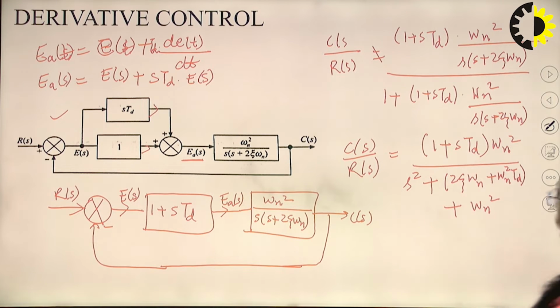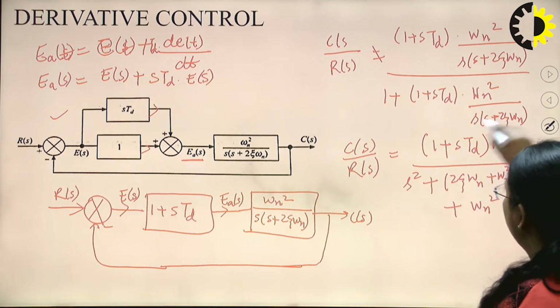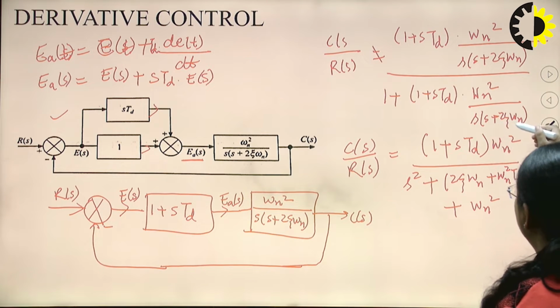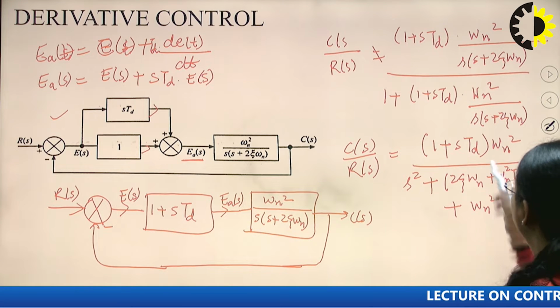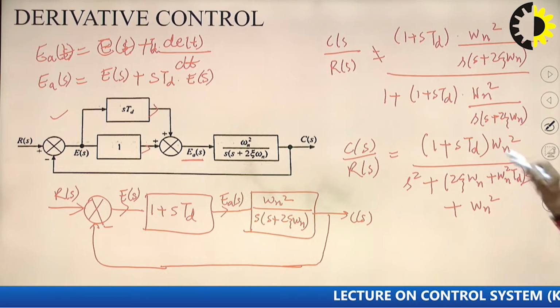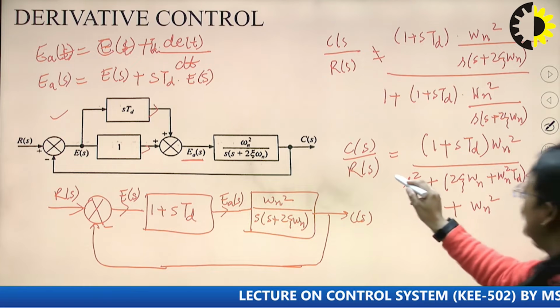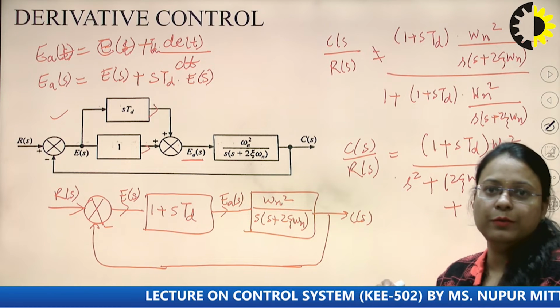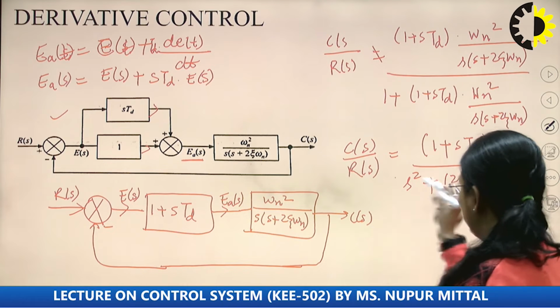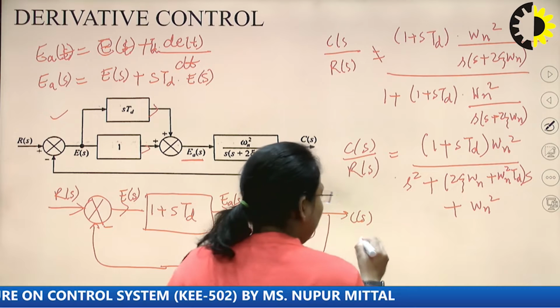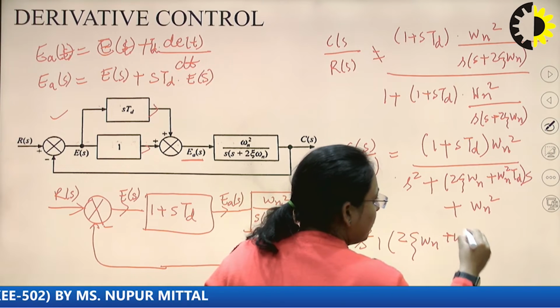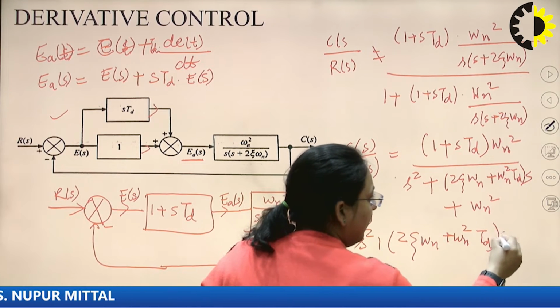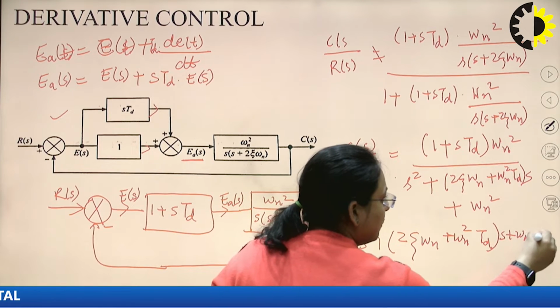So this will be the simplified transfer function. The denominator of any transfer function defines the characteristic equation. So the characteristic equation for this system will be s square plus (2 zeta omega n plus omega n square T_d) into s plus omega n square equals 0.